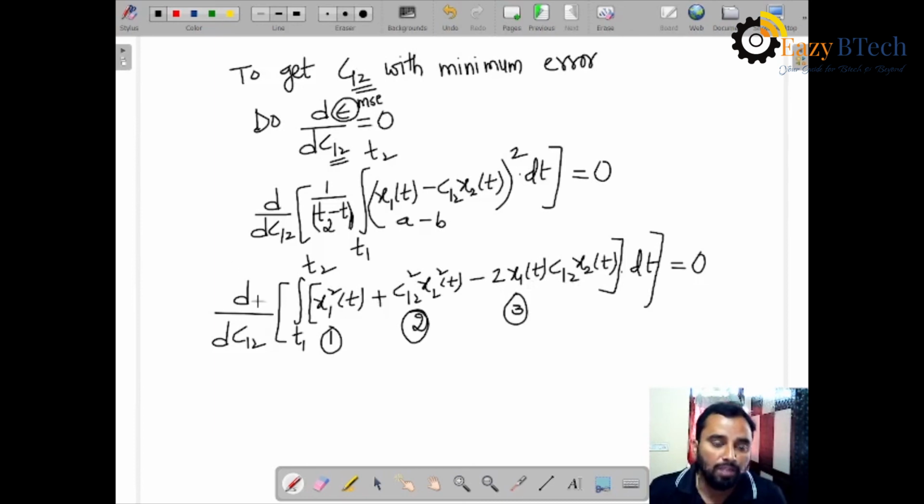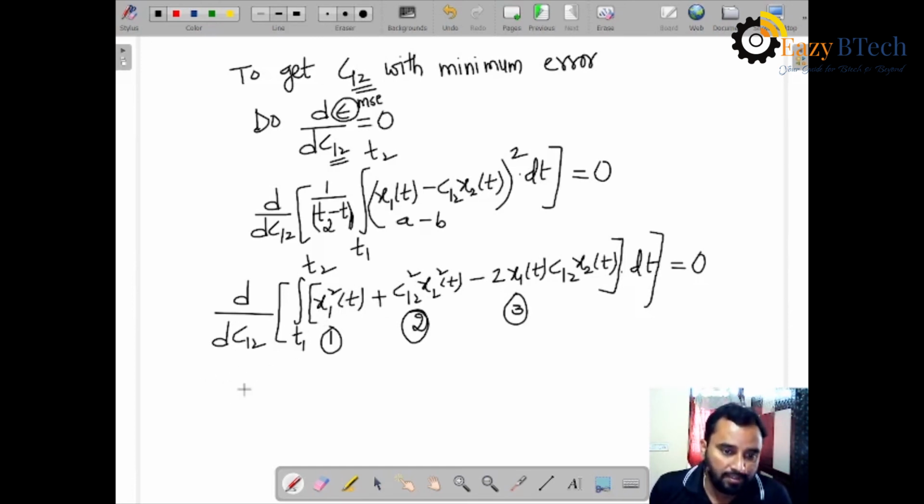Now apply the differentiation. What is the first term's differentiation? D by dc12 of integral t1 to t2 dt. What is the differentiation of the first one? 0, because there is no c12 term here, that is why it will become 0.